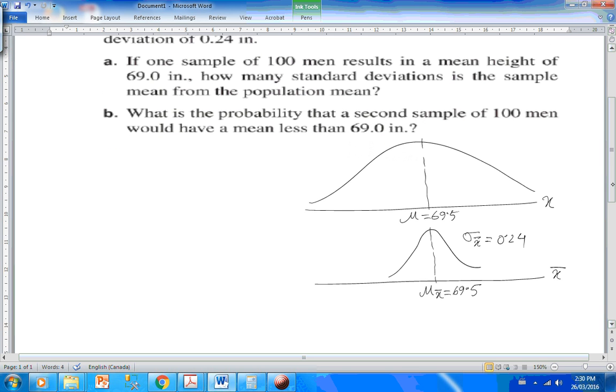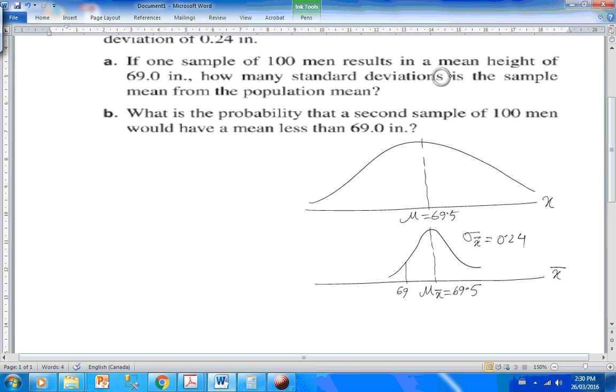So part A is asking us, if one random sample of 100 men results in a mean height of 69 inches, so they're saying randomly pick one of these sample means, one of these x bars, and that turns out to be exactly 69 inches. I'm just writing 69 to the left of 69.5 because it's smaller than the sample means' mean.